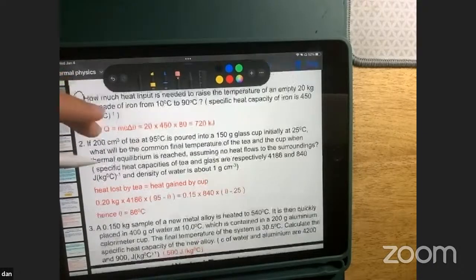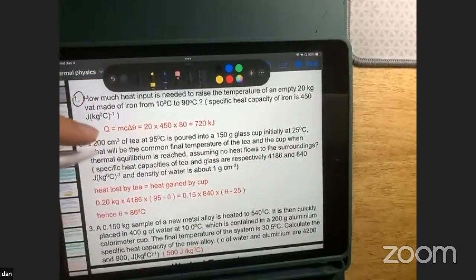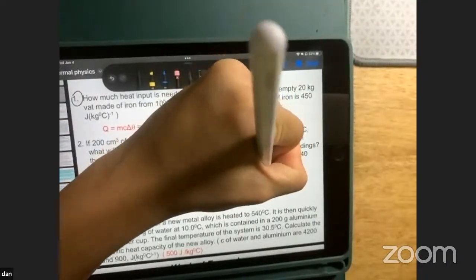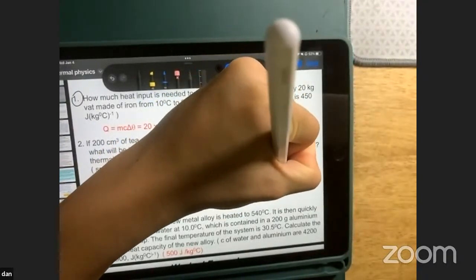It's still liquid to liquid. So no phase change, so no latent heat, so just delta T.